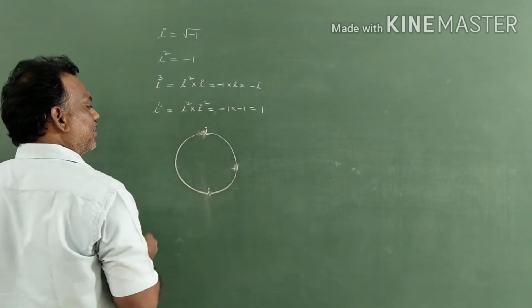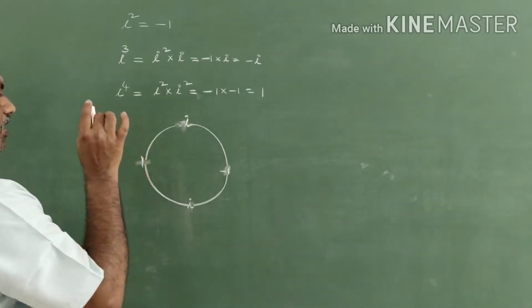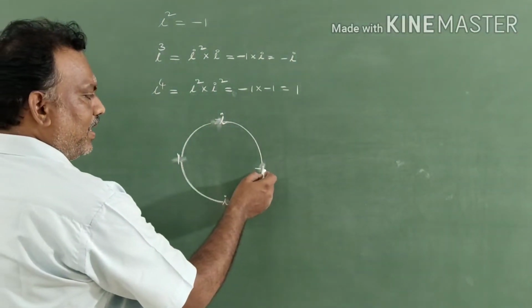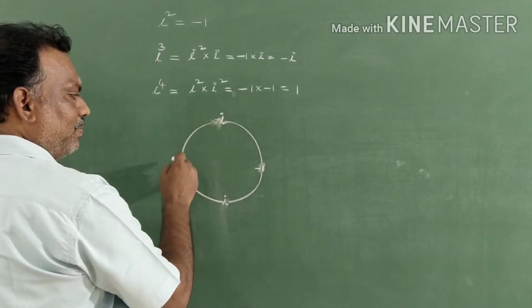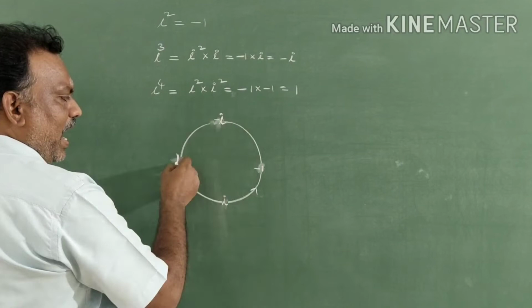Next, i⁴ is 1. This is the cycle of i: minus 1, minus i, plus 1. That means i², i³, i⁴.